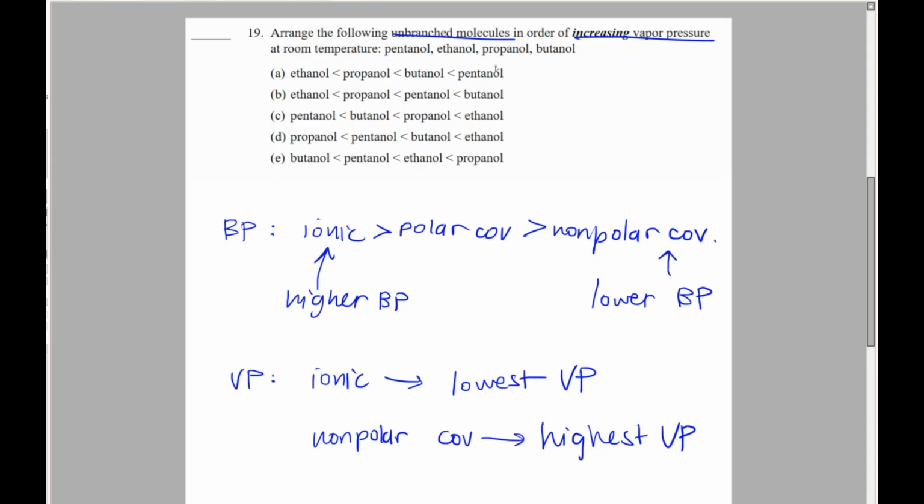Another thing we need to consider is that within these nonpolar covalent bonds, we have London dispersion forces. To determine which nonpolar covalent molecule has a higher boiling point or a higher or lower vapor pressure than another one, we're just looking at the mass.